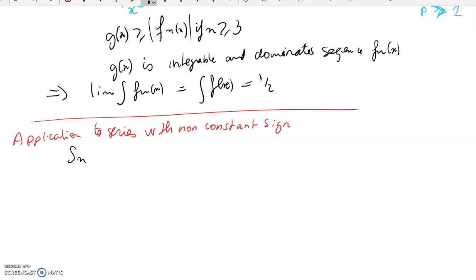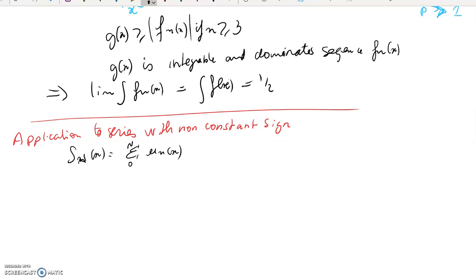So what do we have? We have a series S, where the partial sums again are going to be Sn of x, denoting the sum from 0 to n of some un of x, which would have a non-constant sign. All right.